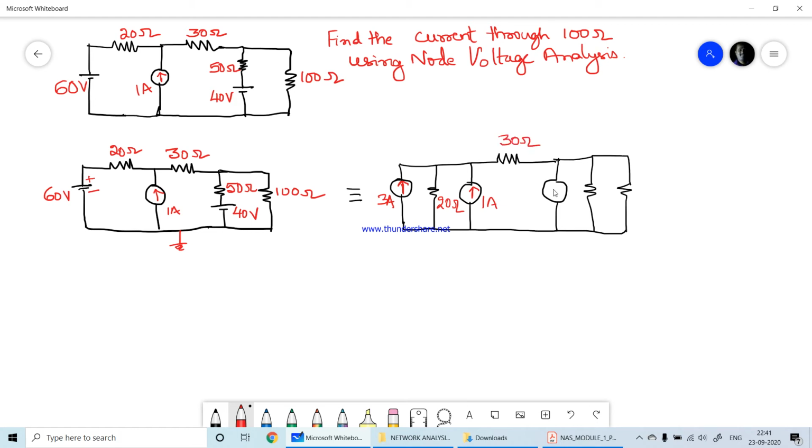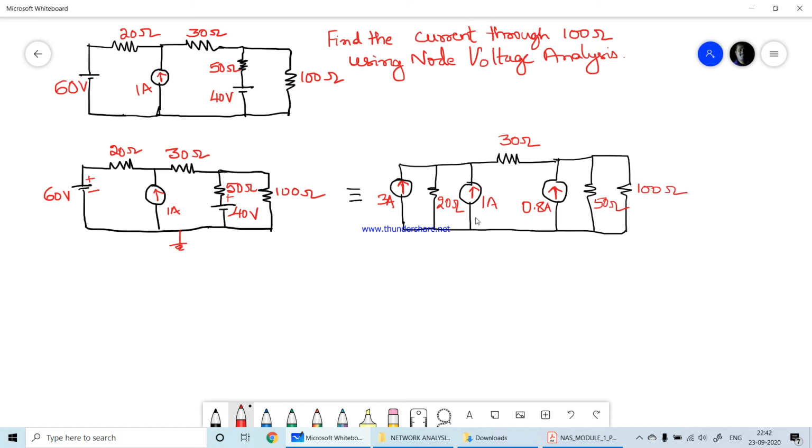Then, again plus and minus, so the current flows upwards: V by R is 40 by 50, which is 4 by 5, that is 0.8 amps. Then we have 50 ohms, and then 100 ohms.